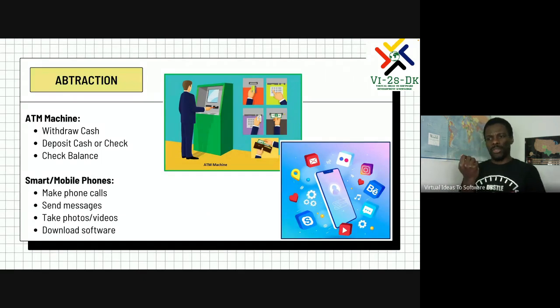The same with smartphones. When you have your smartphone, you can either use it to make a call, send messages, take pictures or videos, download stuff, but all of those are embedded within your smartphone. While it's embedded within your smartphone, you only have certain areas that you can pick and choose from.